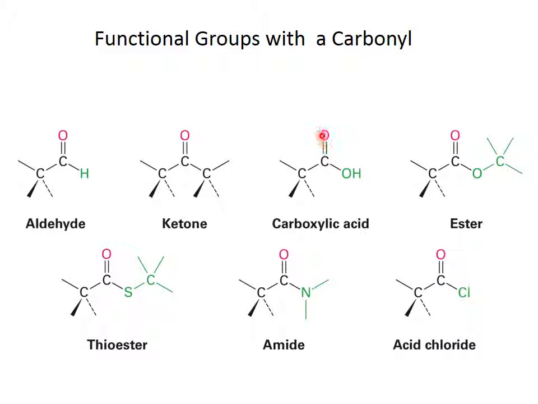This looks like 2 functional groups on 1 carbon. Whenever you have what looks like 2 functional groups on 1 carbon, it's really 1 functional group, and they operate as a unit. They never operate separately. So these 3 functional groups you will need to recognize.